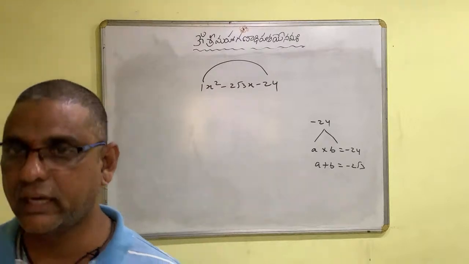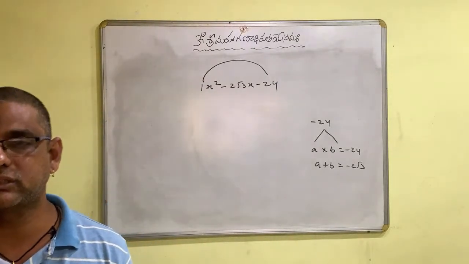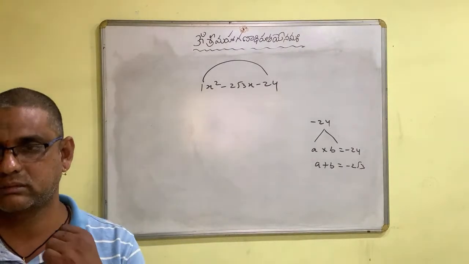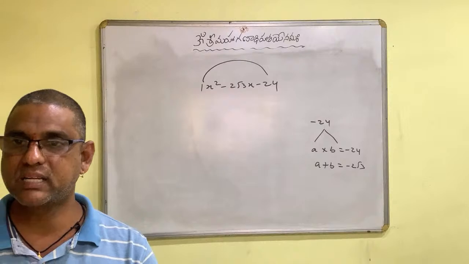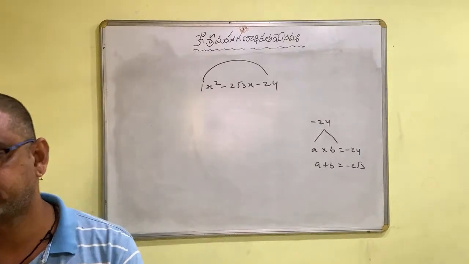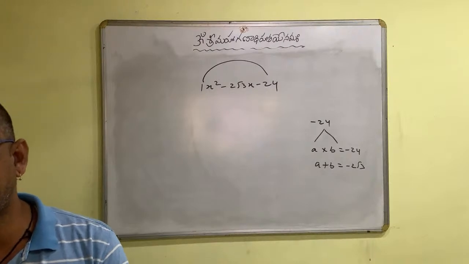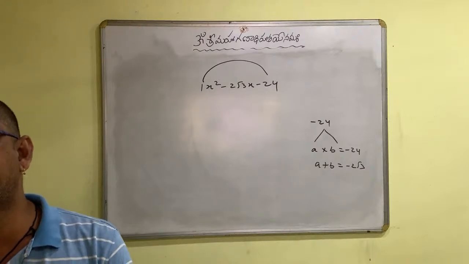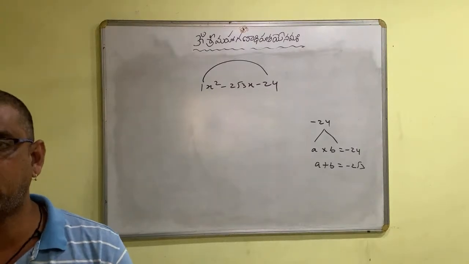Yeah, splitting the middle term only, but you need to search for two numbers whose product is negative 24 but sum is minus 2 root 3. That means your A and B both are irrationals. You have to consider both are irrationals.